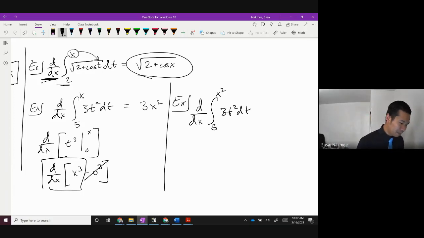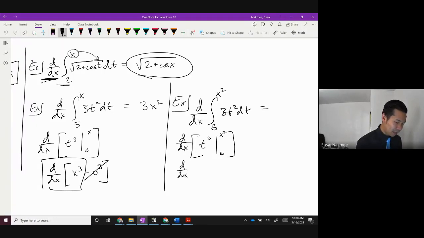You ready? Watch this. Let's do this by hand before I show you the shortcut. If I do this by hand, d dx, the antiderivative of 3t squared is still t cubed. And this is going to be evaluated from 5 to x squared. Now, you ready for this? This is the part that gets a little funky.